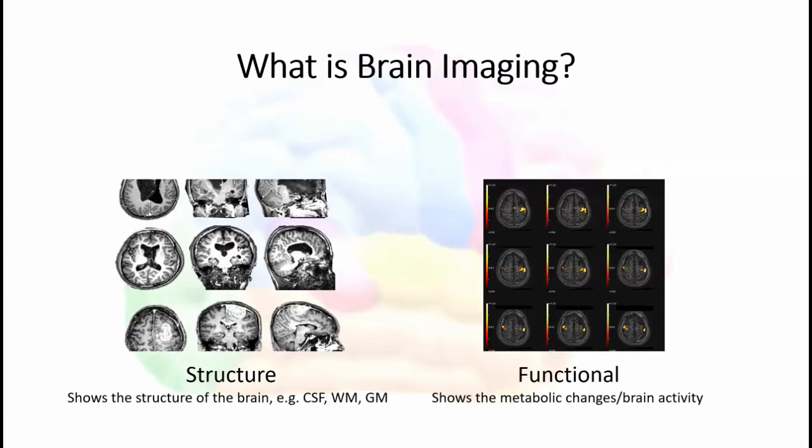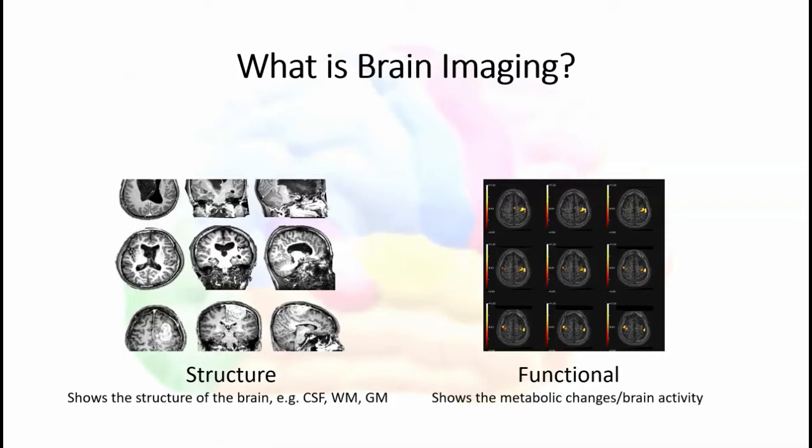Next, the second category is functional imaging. Functional imaging provides images of metabolic changes or brain activity while participants complete tasks such as reading, memorizing, solving mathematics problems, doing motor activities like finger tapping, auditory sounds, visual tasks, and many more.